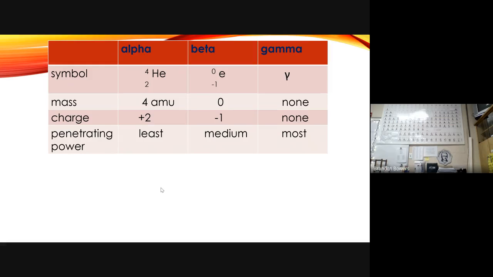Well, we already know the mass because the top number tells us the mass. So the mass of alpha is 4. That's where we got 4. The mass of beta is 0. And the mass of gamma is 0.